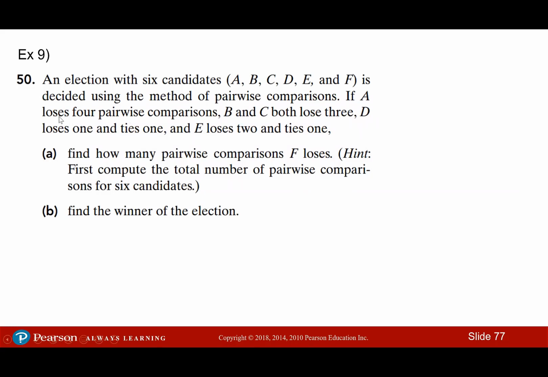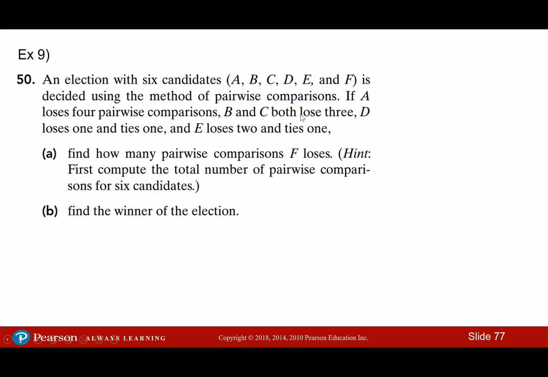Since A loses 4 pairwise comparisons, right? But how many times would A have been compared? A would have been compared to B, to C, to D, to E, and F, right? So if A lost 4 of them, that means A only won 1 of them, right? There's only one time that A won. If A loses 4 times, that means he won once, right?